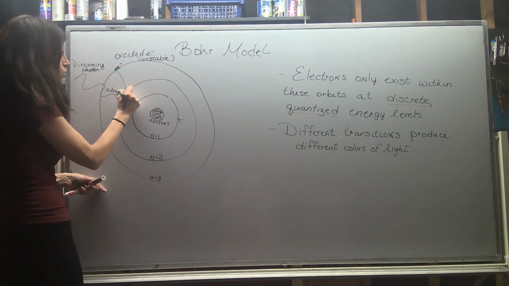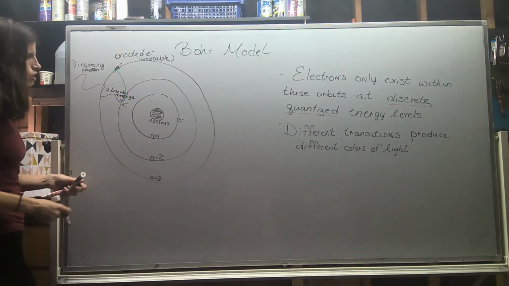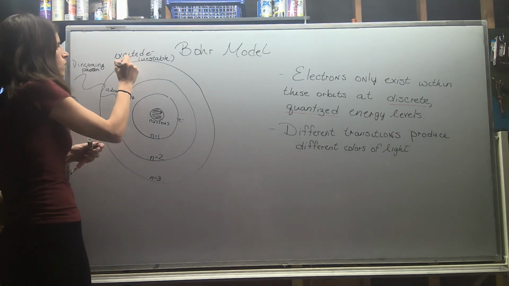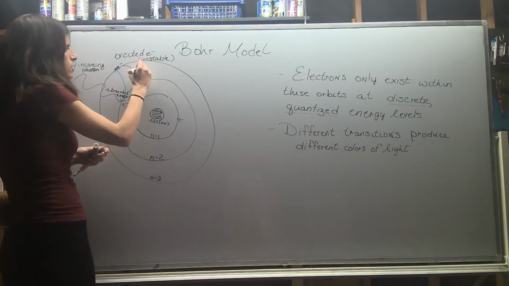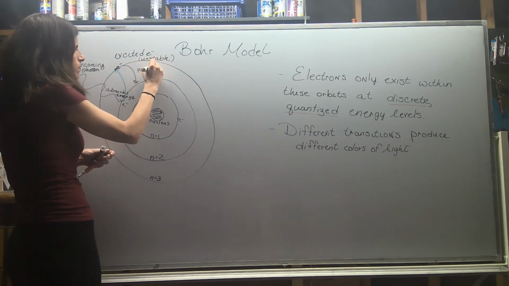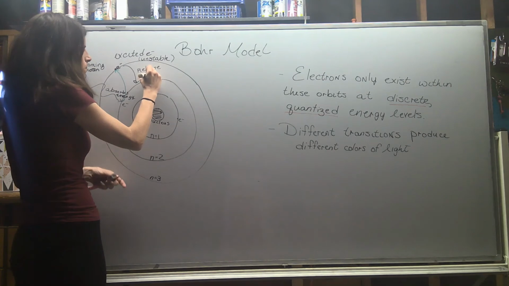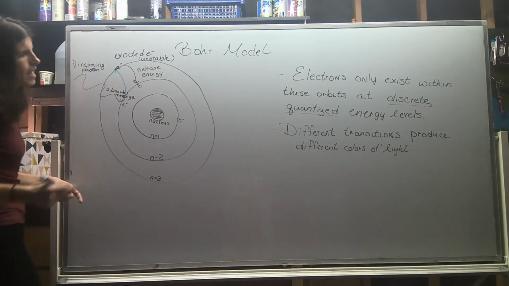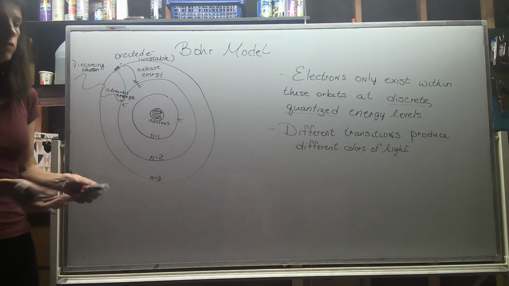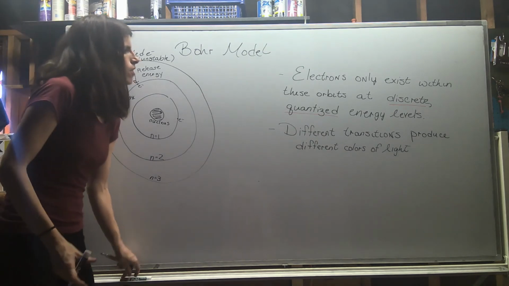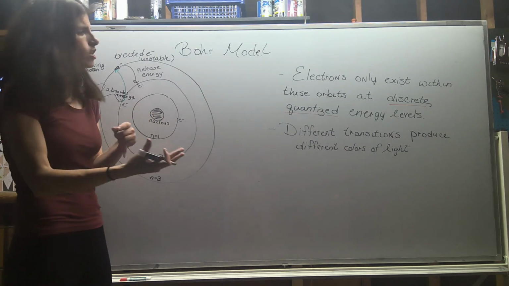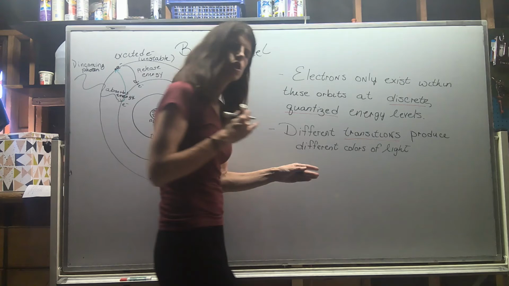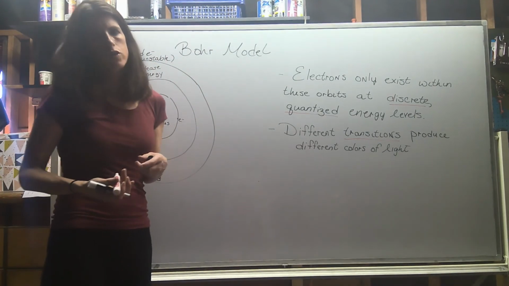But then when it returns to its initial shell, initial orbital, it's going to release energy. And when it releases energy, that energy is going to be in the form of light. So these are called transitions.